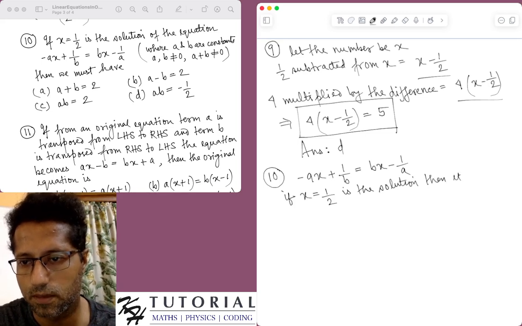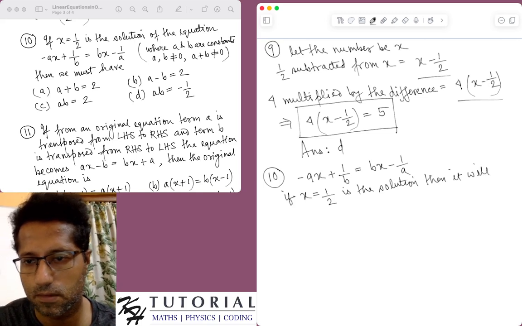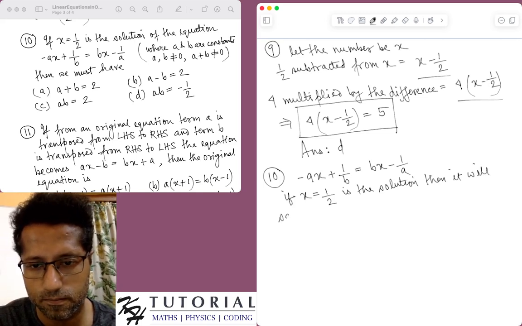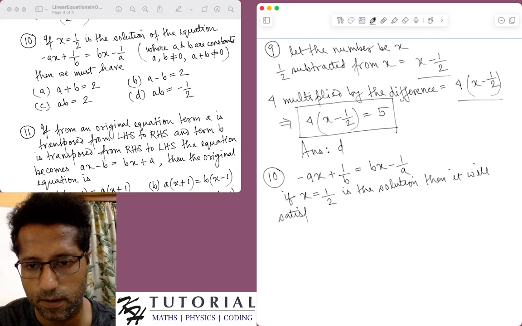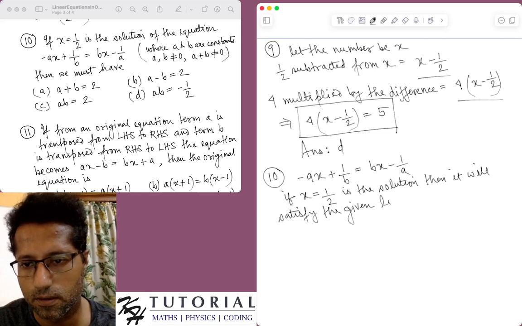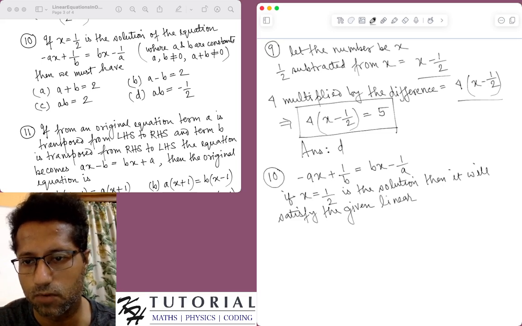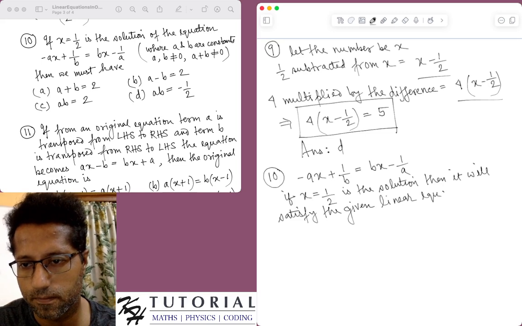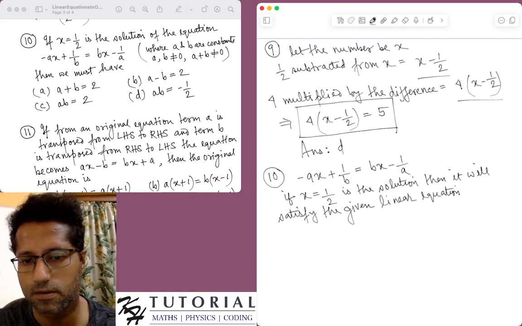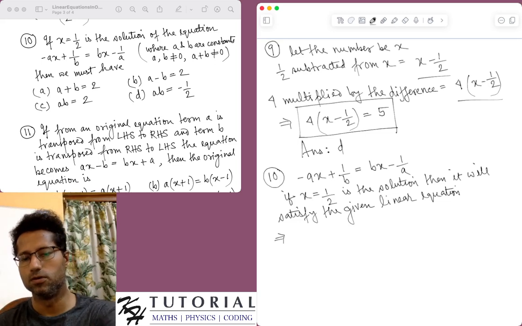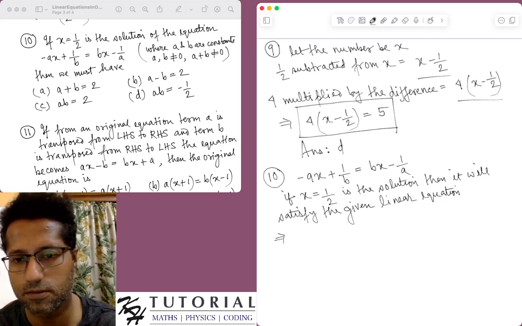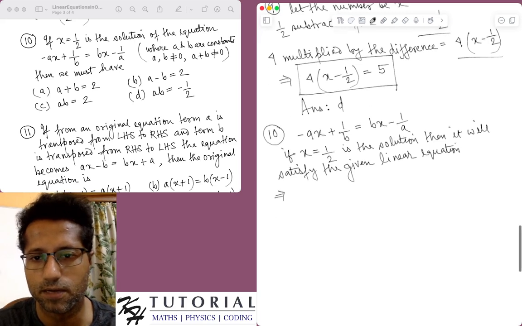then it will satisfy the given linear equation. This implies if we put x equals half in the equation, it should satisfy, that is, the LHS should be equal to RHS.